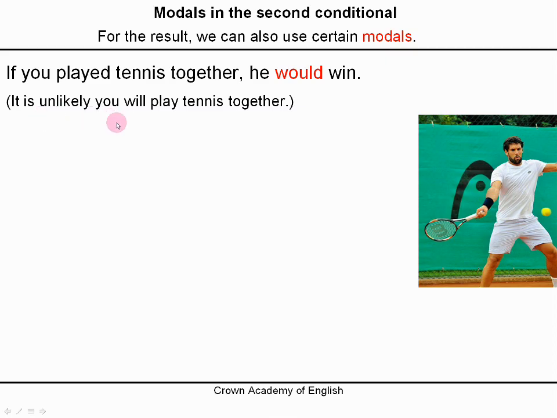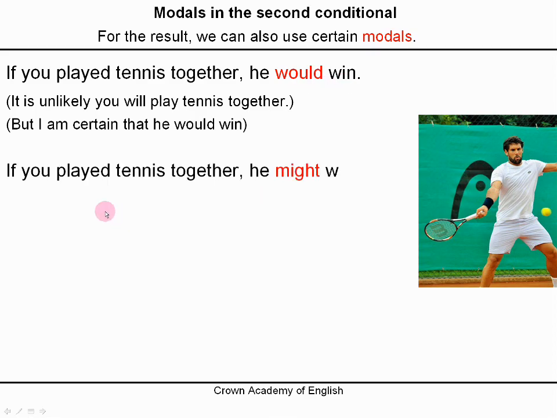Therefore, it is unlikely that you will play tennis together, because it is the second conditional. But I am certain that he would win. So if, it is unlikely, but if this were true, then it is certain that he would win.